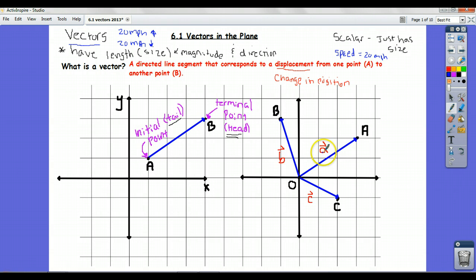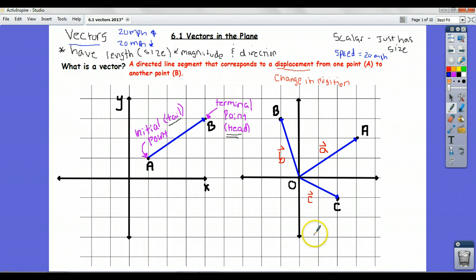Sometimes you put a full arrow, but to name vectors, we put the letter down, and we put an arrow over it so that we know we're talking about a vector, not just a point. Sometimes books just put the letter in bold, but either is appropriate. So just a few different ways you can name vectors.